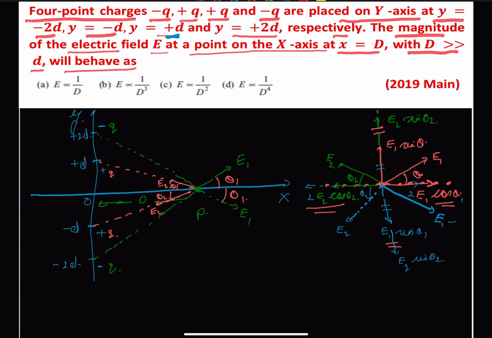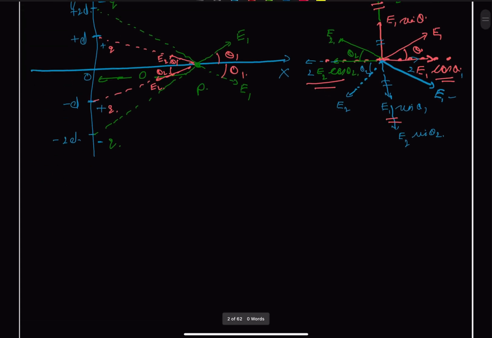Therefore we can write the net electric field. So for point P, suppose this is point P, in that direction we are having 2E1 cos theta 1, and in the opposite direction we are having twice E2 cos theta 2.